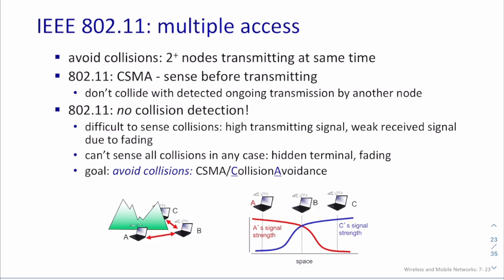So the goal of Wi-Fi is to design another mechanism called CSMA/CA, carrier sense multiple access with collision avoidance. Okay, so in Wi-Fi we should avoid collision. Unlike Ethernet, Ethernet can tolerate collision, and we have a random backoff mechanism to recover from the collision.